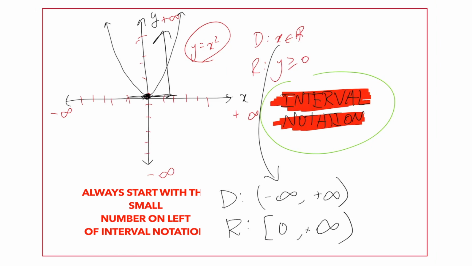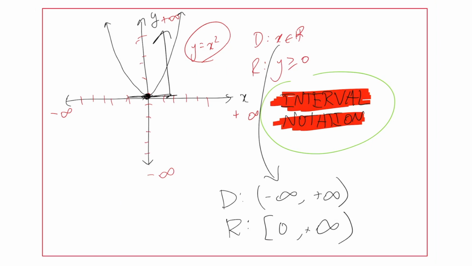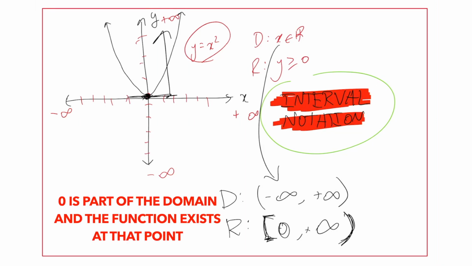Great. But now there's a difference here between the curved brackets and this edged bracket, as I like to call it. So the difference is that we're including 0 here. The function exists at that point. It's part of the domain. So we would put this edged bracket.